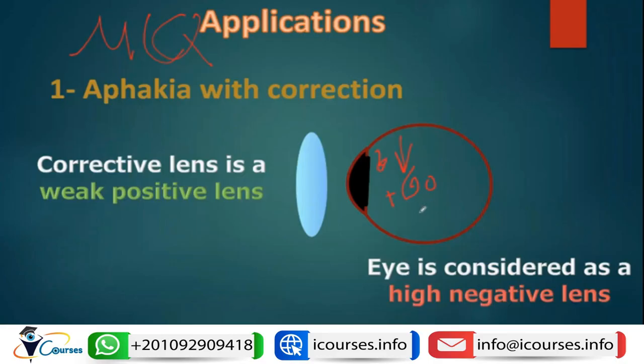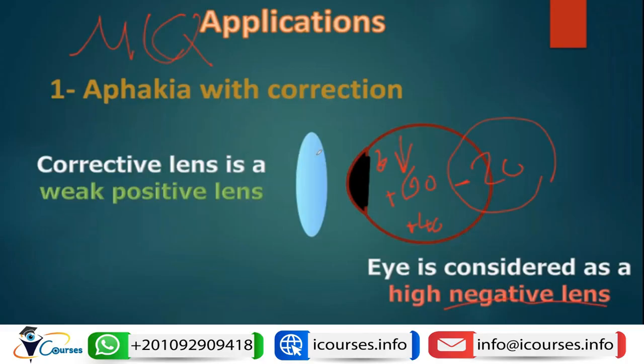Let's say that the lens power is 20 diopters, so the power of the eye is plus 40. So the eye has decreased in power by minus 20, and can be considered a high negative lens.